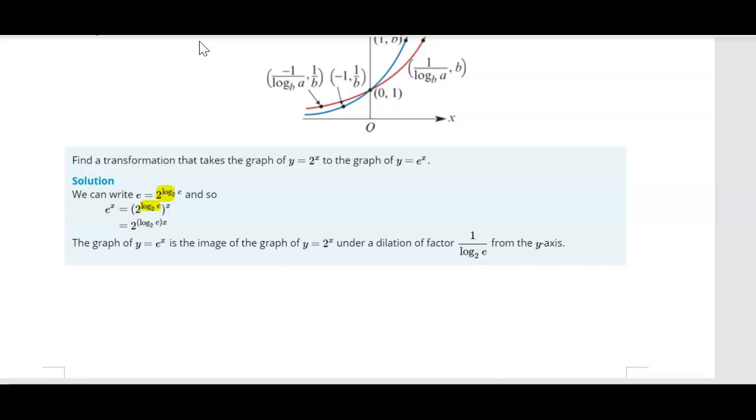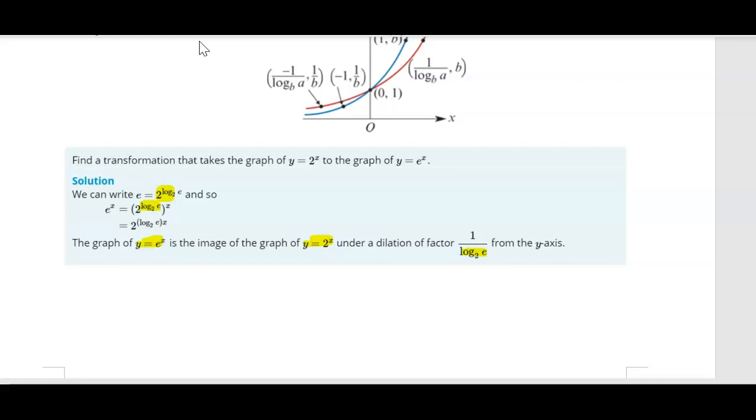Okay, so even though we don't have digits there, it is an actual number. So when you're looking at a dilation factor going from y equals e to the power of x to y equals 2 to the power of x, you just follow this working out, and it's a dilation factor of 1 over log base 2 of e from the y-axis.